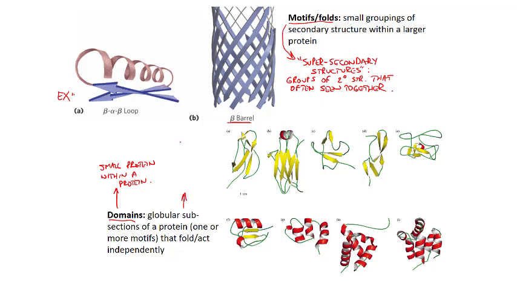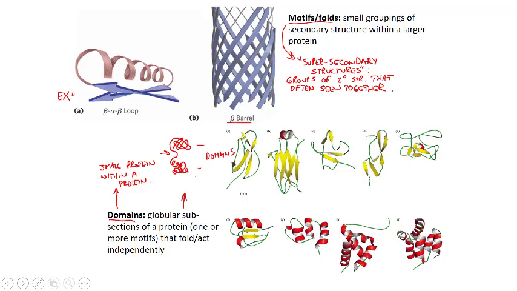So oftentimes domains are connected to the rest of the protein by a loop. Not always, but oftentimes. So this protein would have two domains. And there's a loop connecting the two. This one at the top would be beta sheet rich, and this one at the bottom would be alpha helix rich.